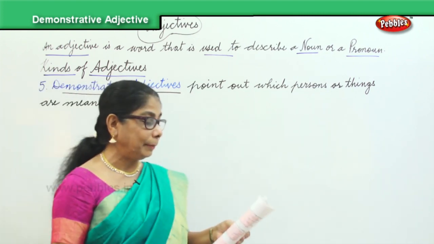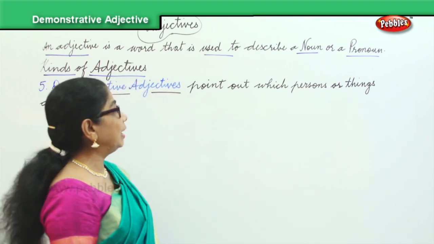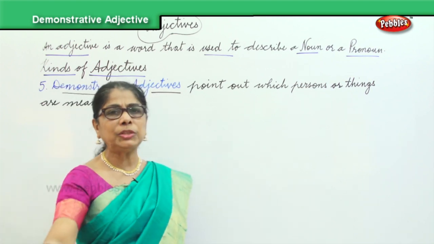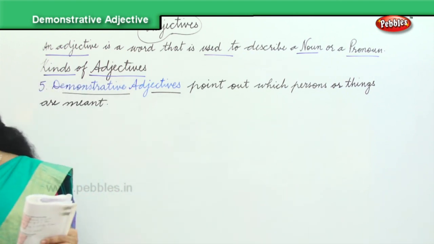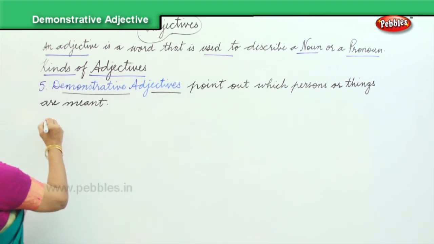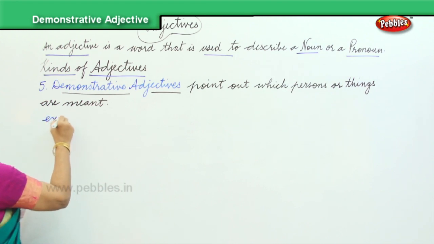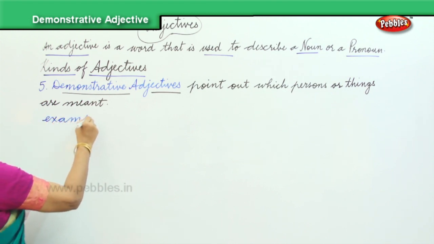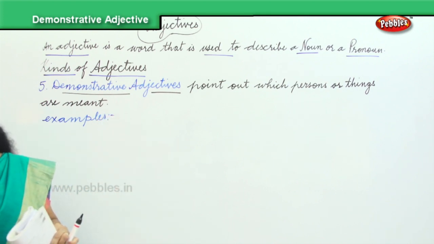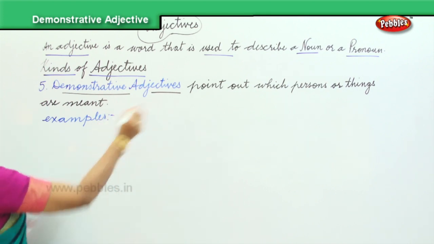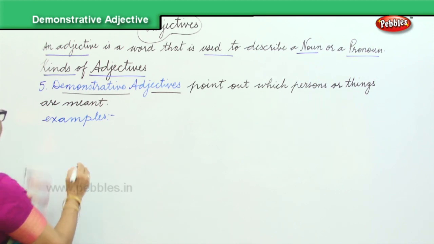So I have some examples for you. A demonstrative adjective points out which person or thing we are intending, we are talking about. What's the meaning of demonstrative? Pointing out.